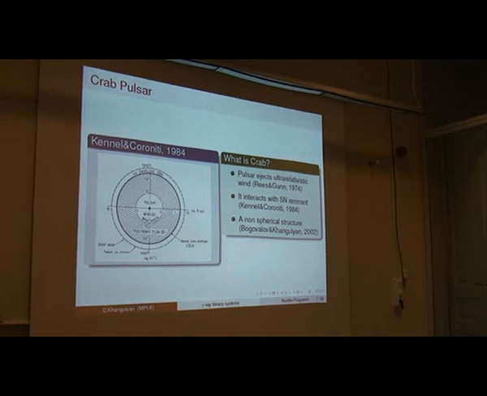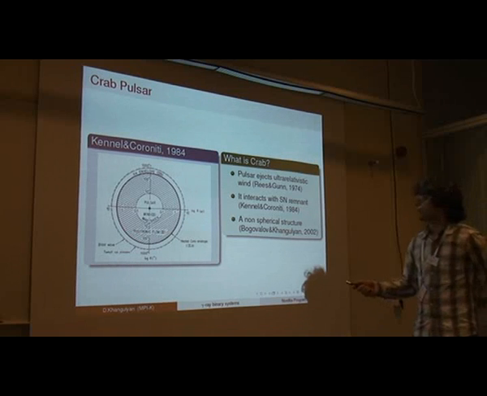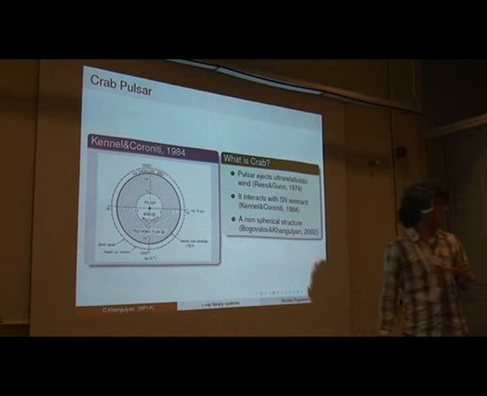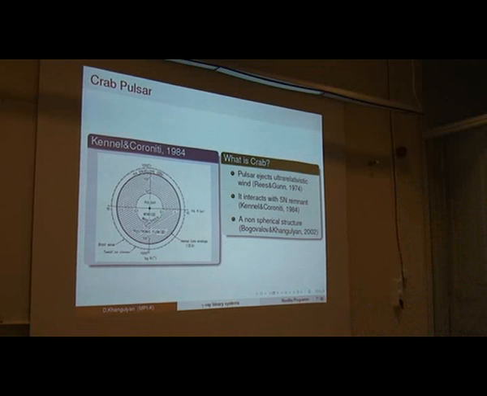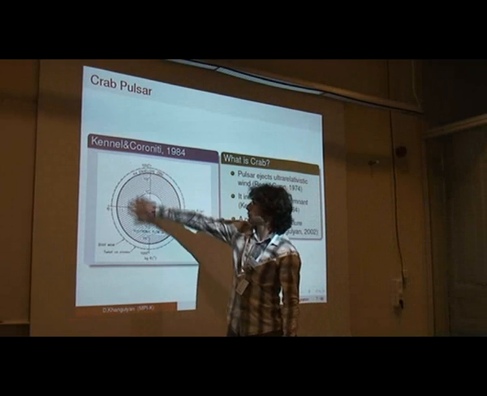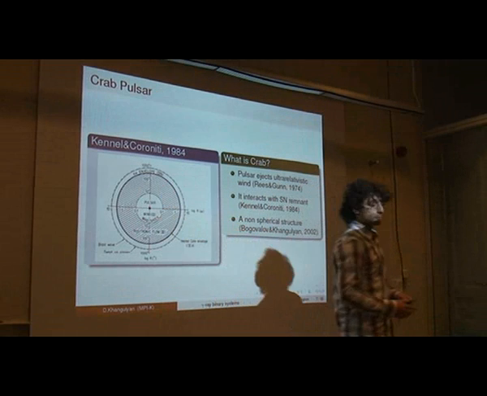The particles are accelerated at this shock, and it forms a nebula, and basically the emission from this nebula is detected in Crab. And actually, only recently the pulsar itself was detected at the very high energy regime. Previously, the very high energy emission from the Crab pulsar was coming from this nebula region.